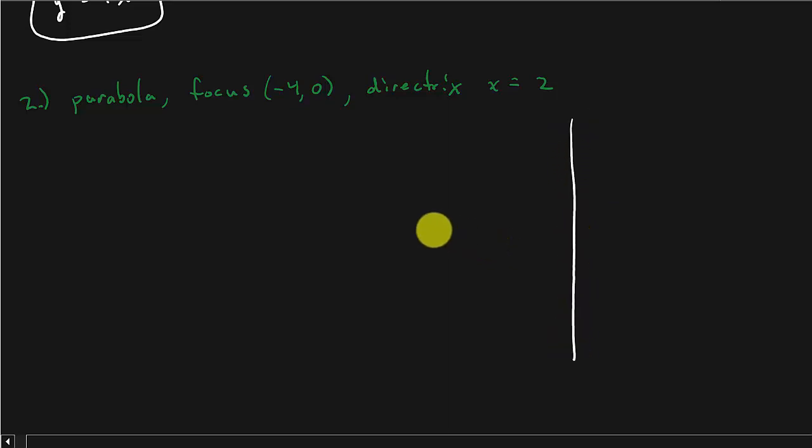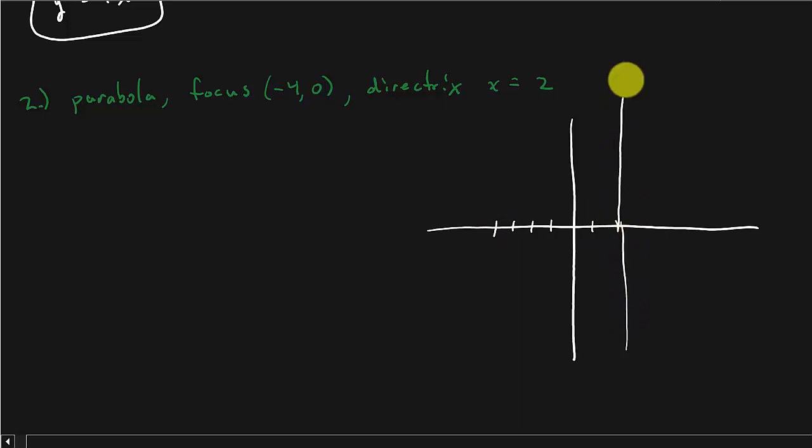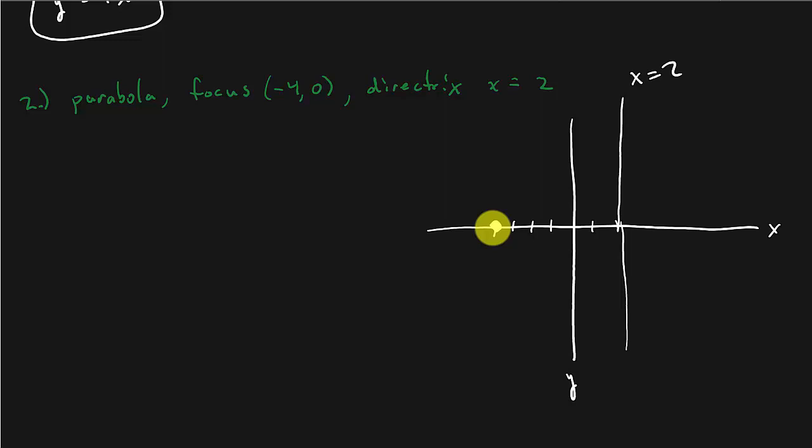So we go 1, 2, 3, 4, 1, 2. So this is your directrix, x equal 2. And this is your y-axis, this is your x-axis. So we're going 1, 2, 3, 4. There's your focus.